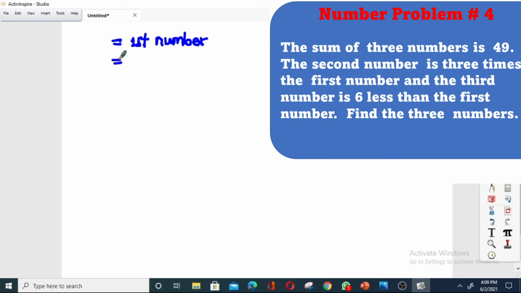And then we have the second number. And then we have the third number.